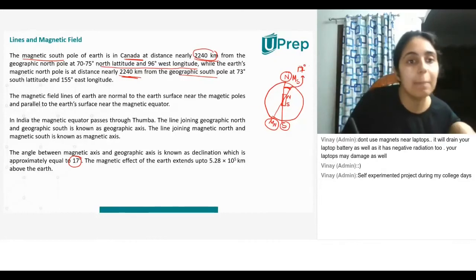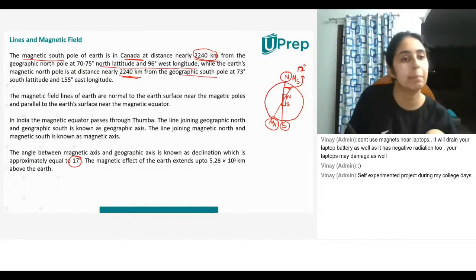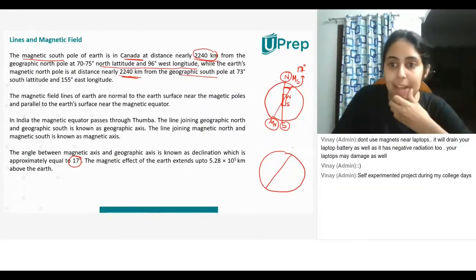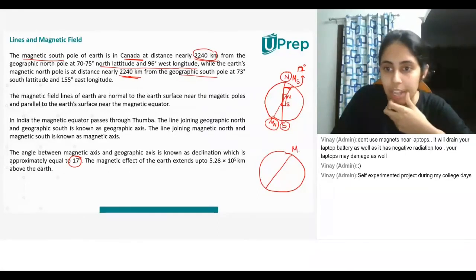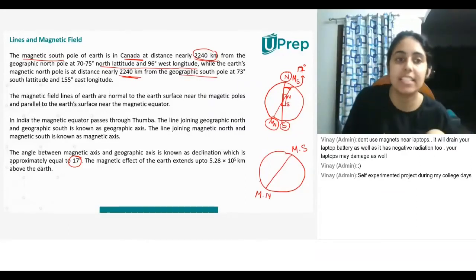Yes. Now, the magnetic field lines of the Earth are normal to the surface near the magnetic poles. What does that mean? So, if this is planet Earth and these are my magnetic poles, this is the magnetic South Pole and this is the magnetic North Pole. So what it's saying is the magnetic field lines of Earth are normal to the Earth's surface near the magnetic North Pole.